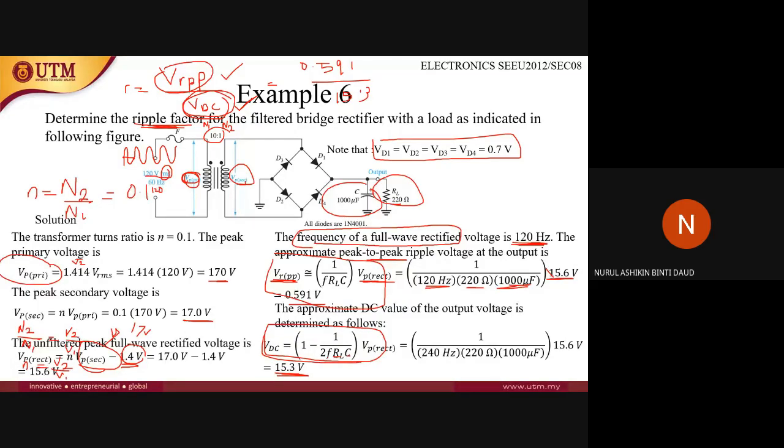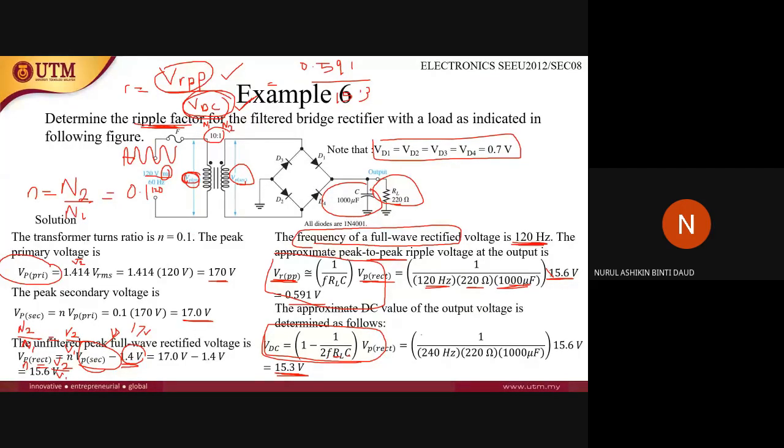Doctor, we take 120 instead of 60 hertz, and then one full cycle, so it becomes 240 in the last row. Why is it 240? Oh, this one, because it is times 2.